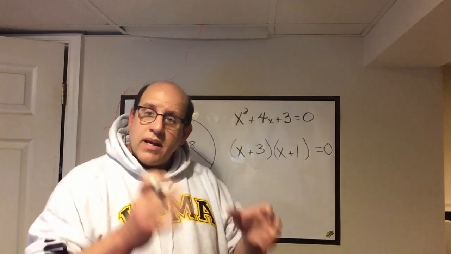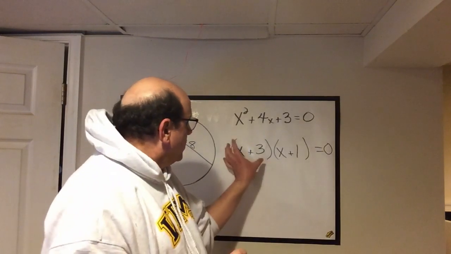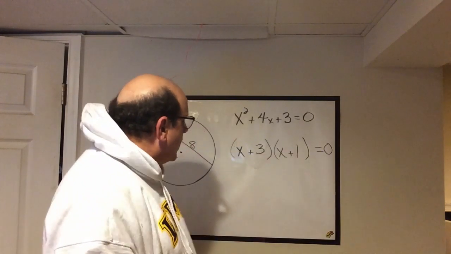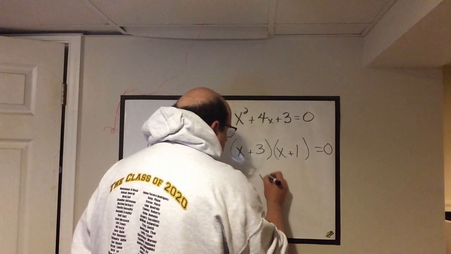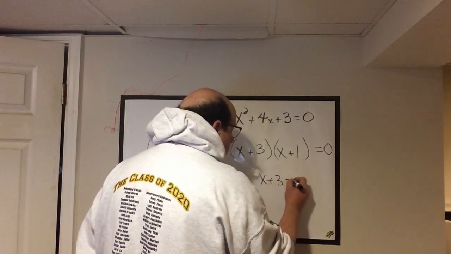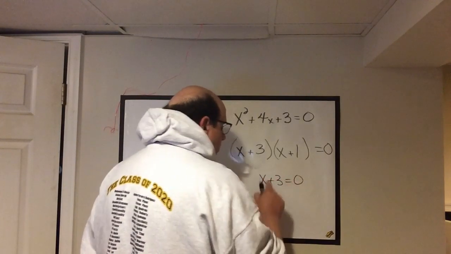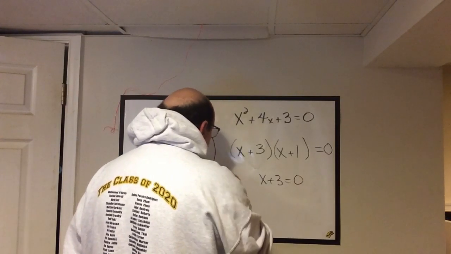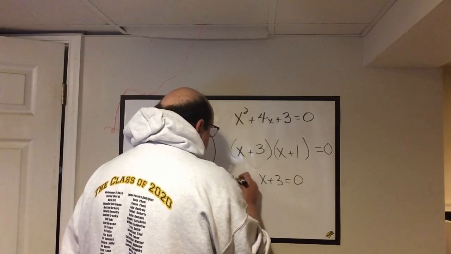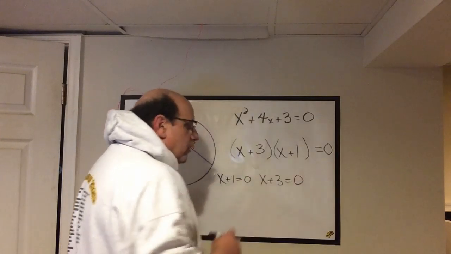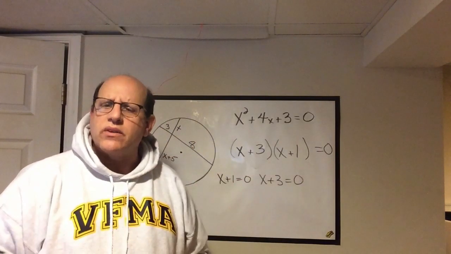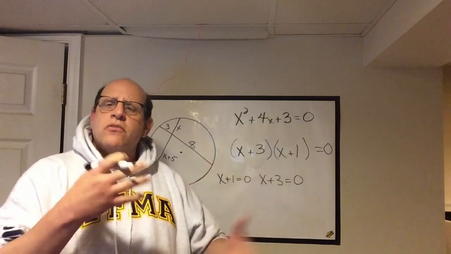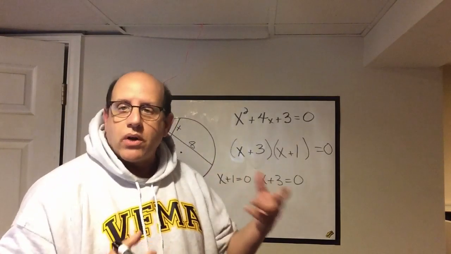Now, you take each of these sets, and you're going to say x plus 3 equals 0 and solve for x, and then you're going to do the same thing with x plus 1 equals 0. You're going to solve that, and you're going to find out what x is, okay? And that's finding the roots of a quadratic equation.